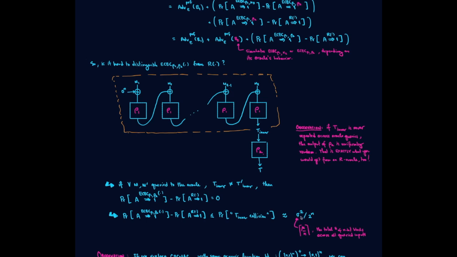And in particular, that means that, at least from the point of view of our analysis, this construction, ECBC, stops looking like a random function somewhere around the time that you've processed about 2 to the n over 2, so square root of 2 to the n, blocks of message.